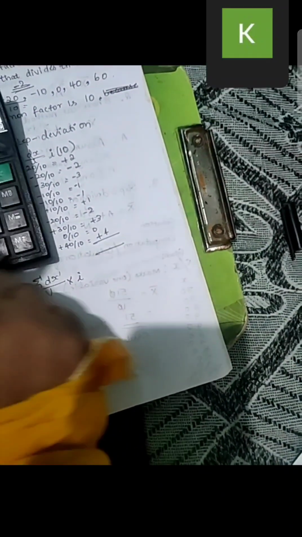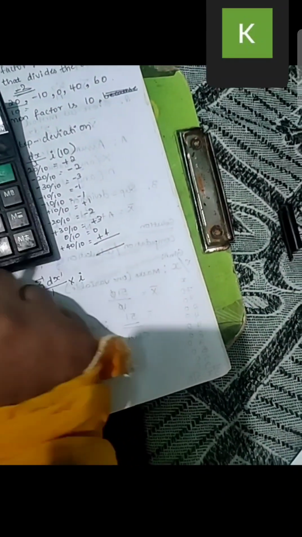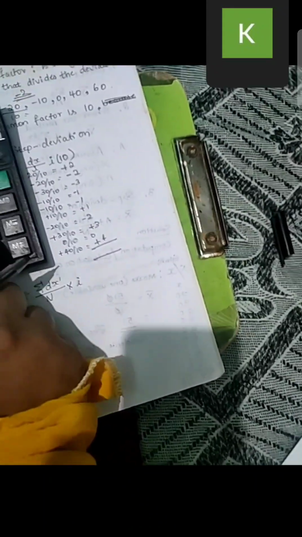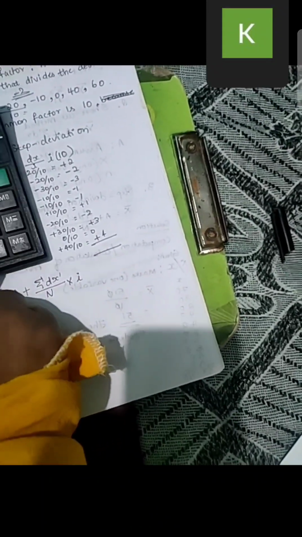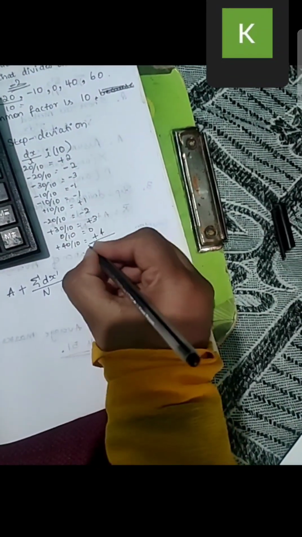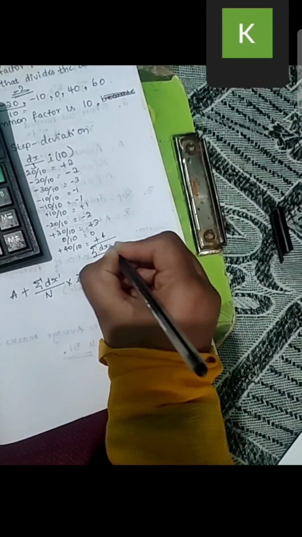Now what I have to do is add plus 2, minus 2, minus 3, minus 1, minus 1, plus 1, minus 2, plus 3, plus 4. Summation dx is equal to 1. So far any doubts?